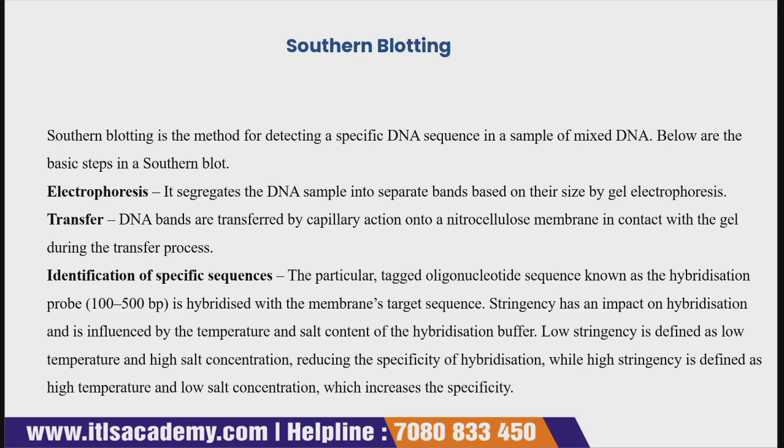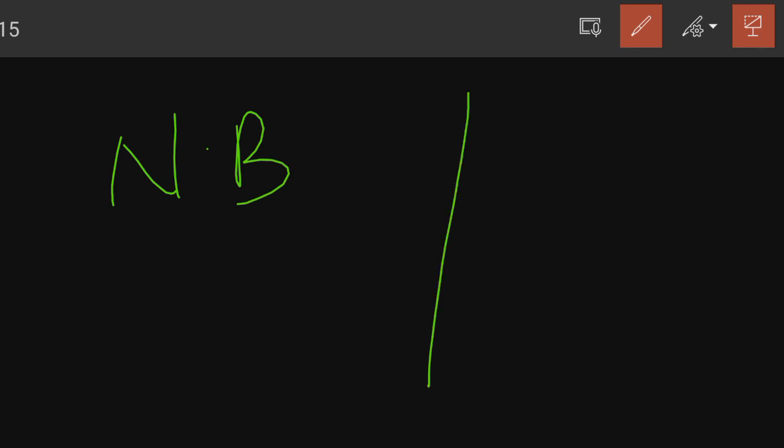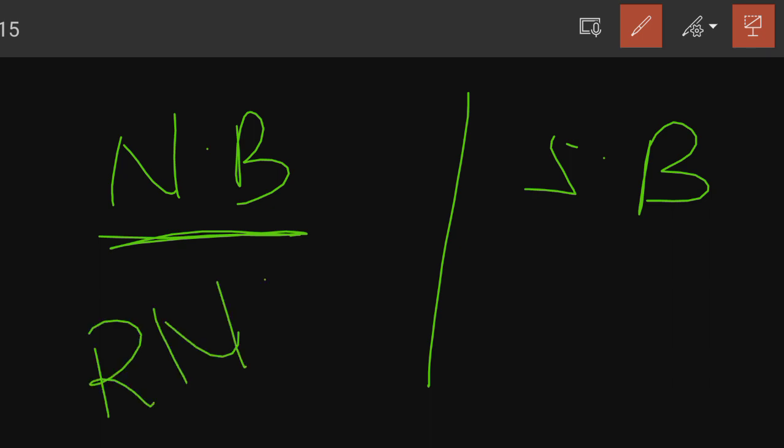Now comes southern blotting. Southern blotting is the next blotting technique, and this method is used for detecting a specific DNA sequence. So northern blotting detects RNA, whereas southern blotting detects DNA of interest.